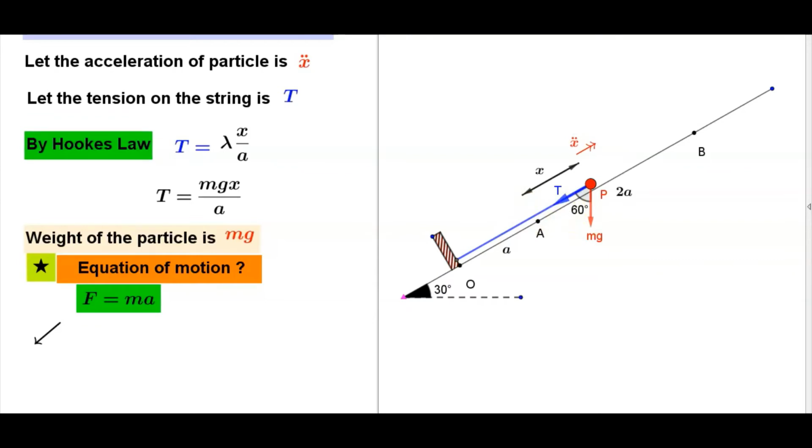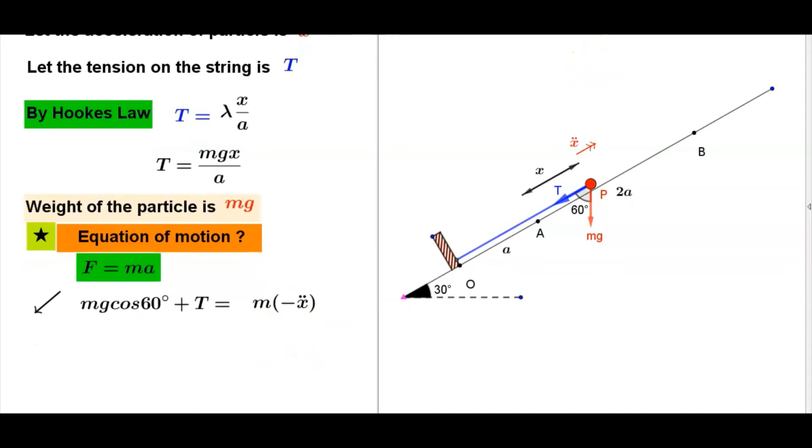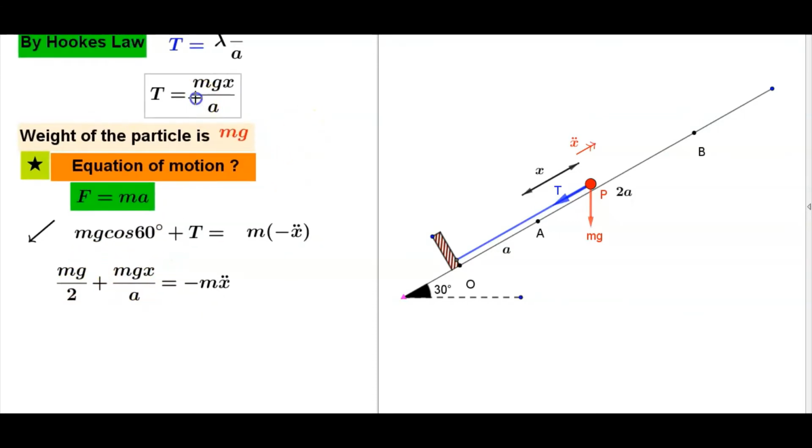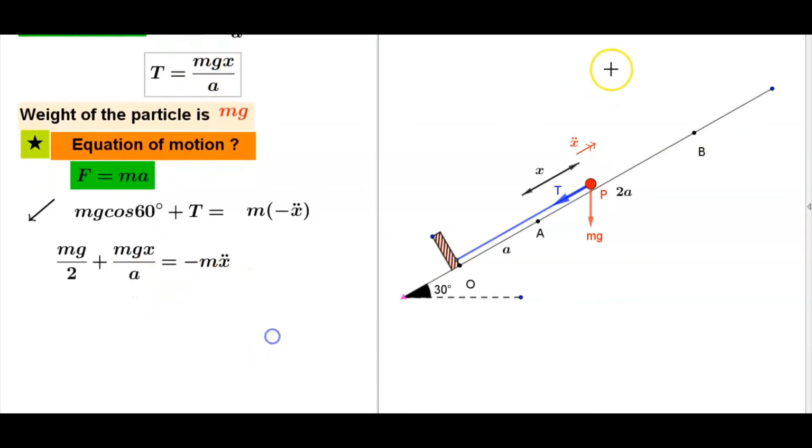Therefore, mg cos 60 plus T is equal to mass m into acceleration x double dot. But x double dot is in the opposite direction to our chosen direction. Therefore, m into minus x double dot. When we simplify further, cos 60 is a half, so mg by 2 plus mg x over a is equal to minus m x double dot.